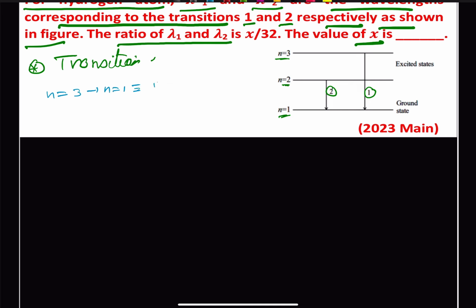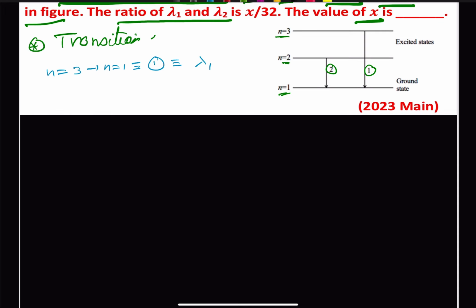This is called the first transition and the wavelength is our lambda 1, and n2 to n1 is called the second transition and the corresponding wavelength is lambda 2.